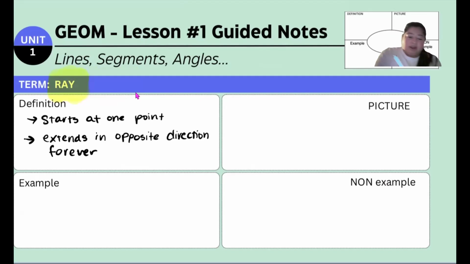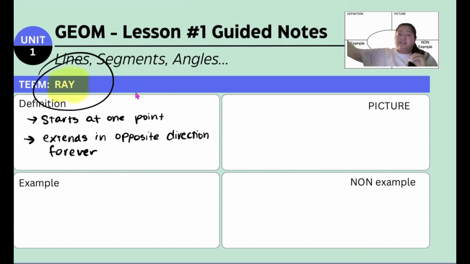Next term we are looking at is the term ray. This is a specific type of term in geometry where we have something that starts at one point and it extends forever in the opposite direction.